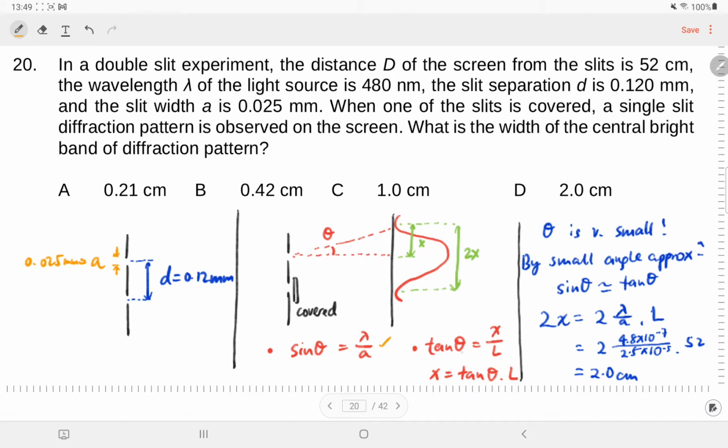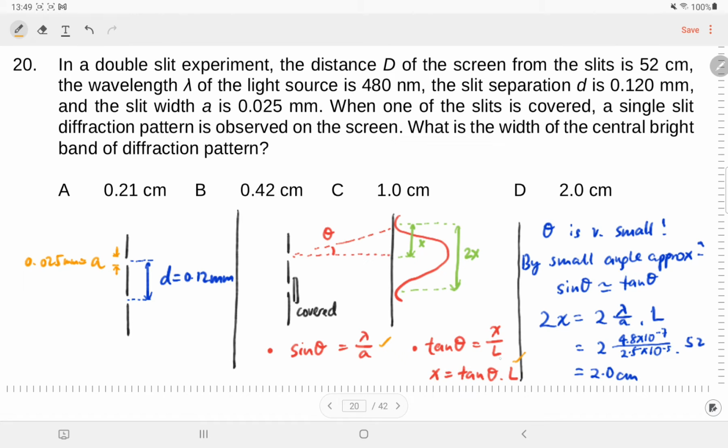Therefore, we can also write tangent theta equals x over L, thereby defining x in terms of tangent theta and L. So that's the second equation we can write.